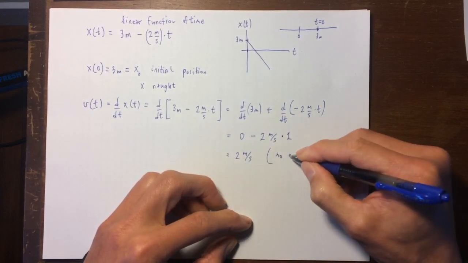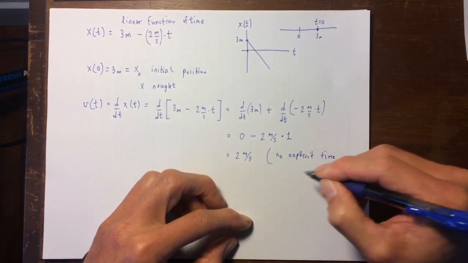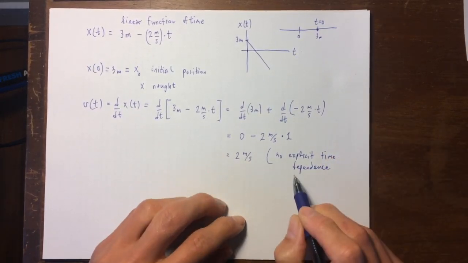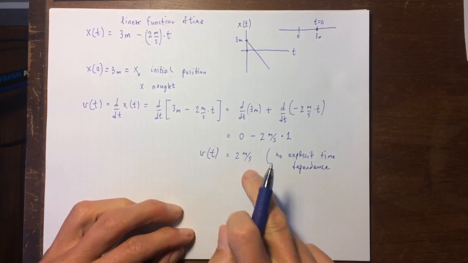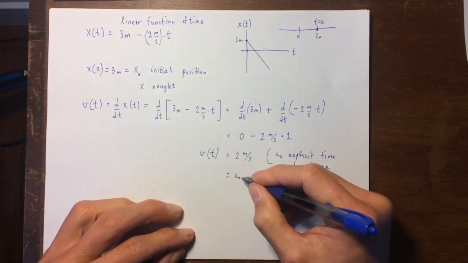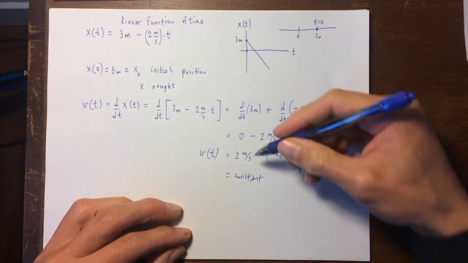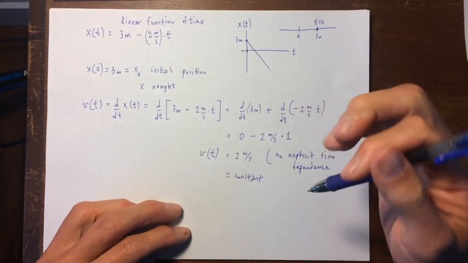So no explicit time dependence. What this means is that v of t is constant. That is, it does not change in time. There is no time dependence. It's got a fixed value.